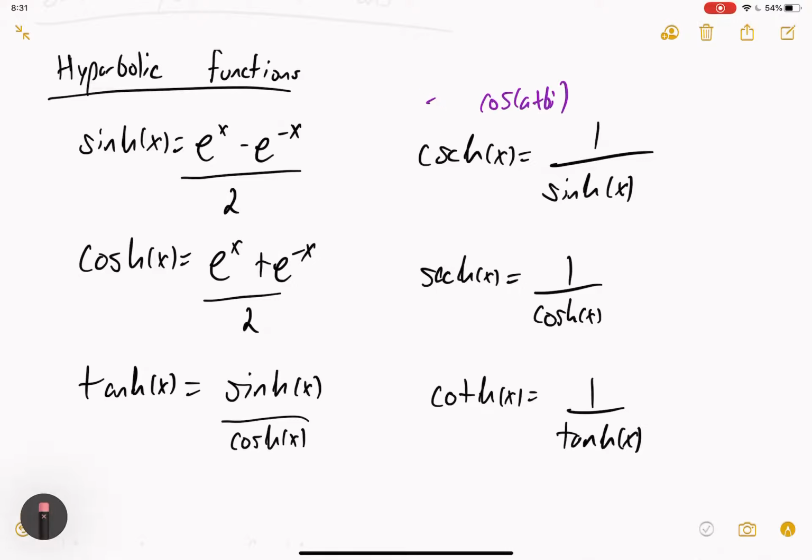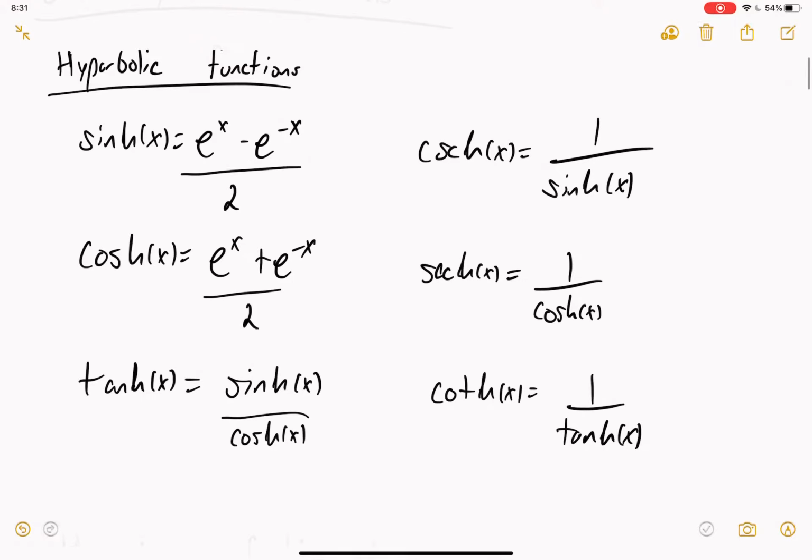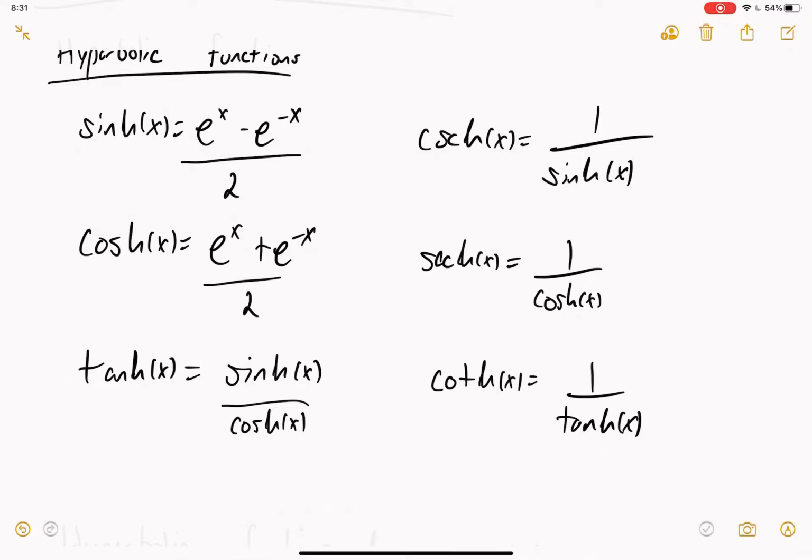You can define the trig functions in terms of complex numbers, and when you do that, you can take the real part or the imaginary part, and you basically get these hyperbolic functions. So that's kind of where I see them. They're defined literally in this way, but instead of x, they're defined in terms of z, e to the z.